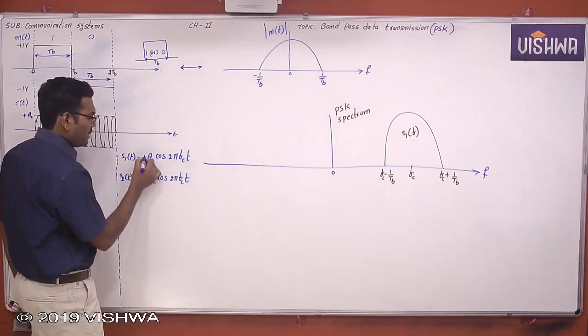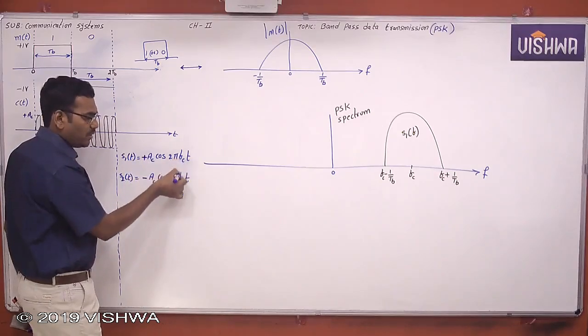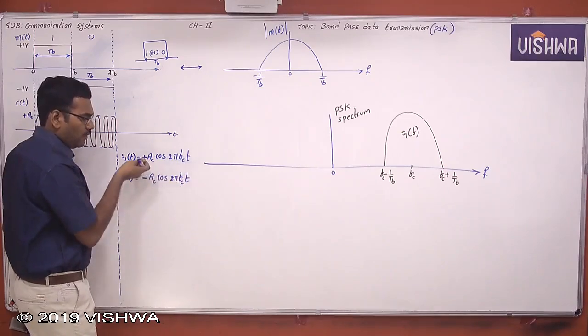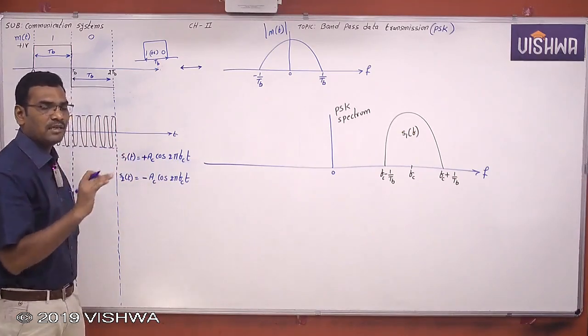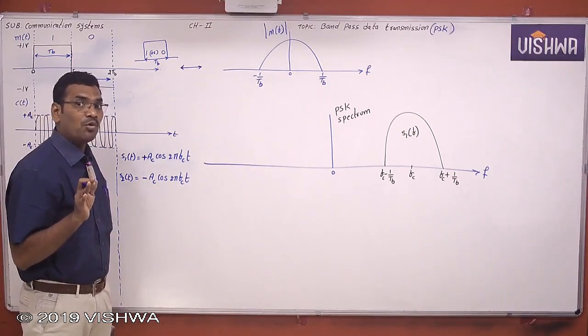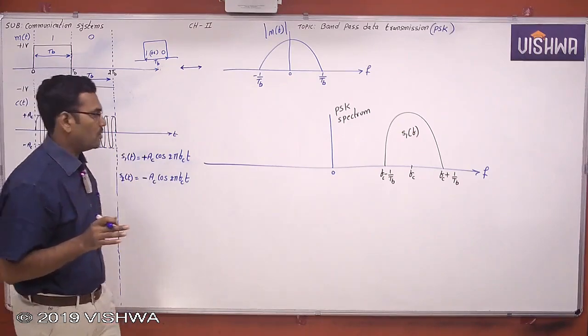Whether this is plus or minus, it's not a problem. It depends only on frequency. The carrier frequency is Fc. Whether it is plus or minus, it is a phase. But the bandwidth and power depend only on a frequency change, not the phase change.